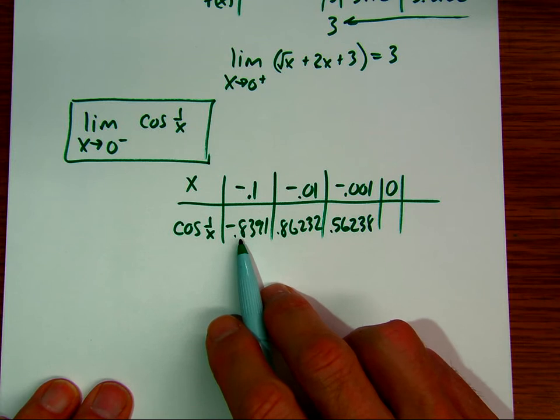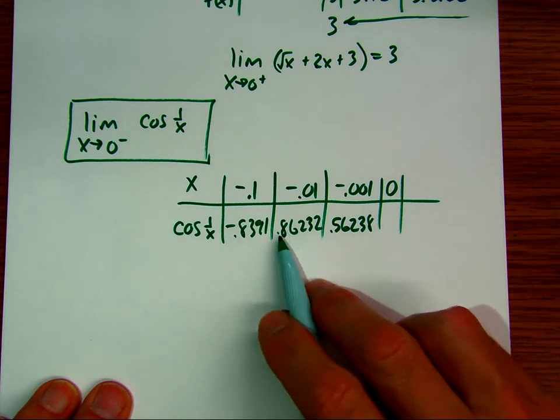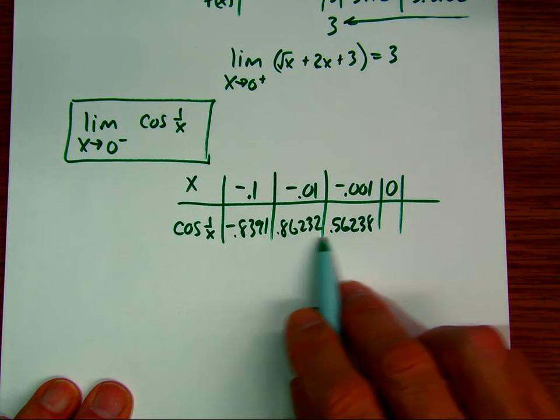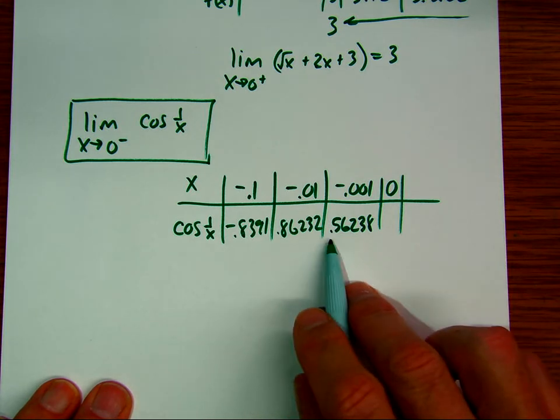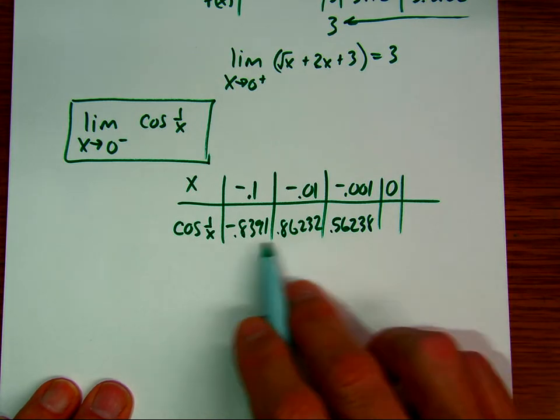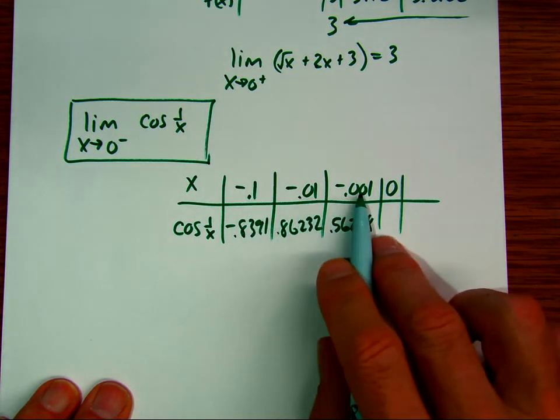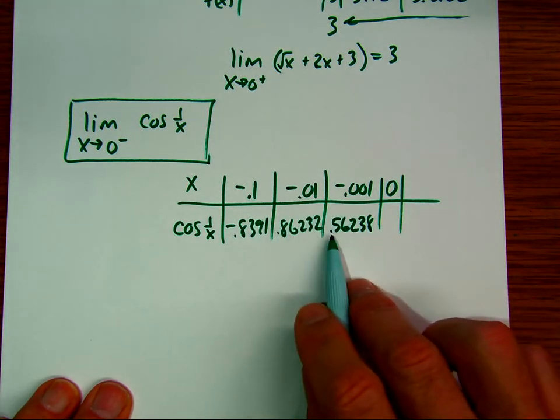There's a negative number. It goes up to a positive number, comes back down to a lower positive number. And we can't see that the y value is approaching a number because we're really getting close and it's still jumping around a lot.